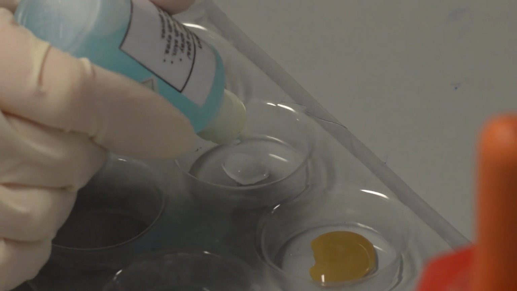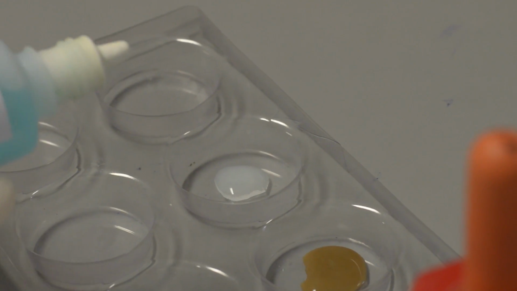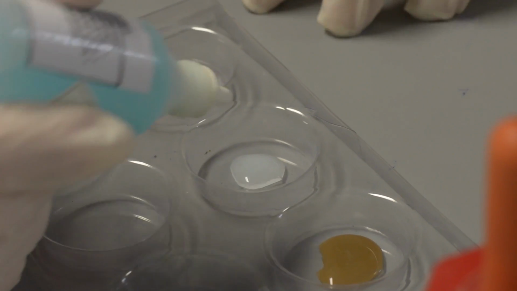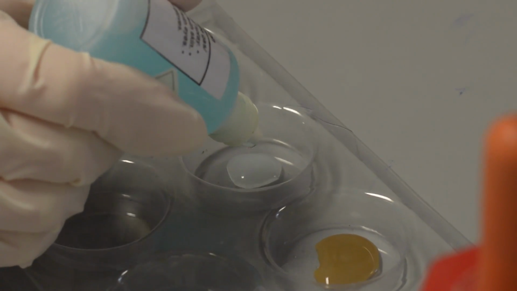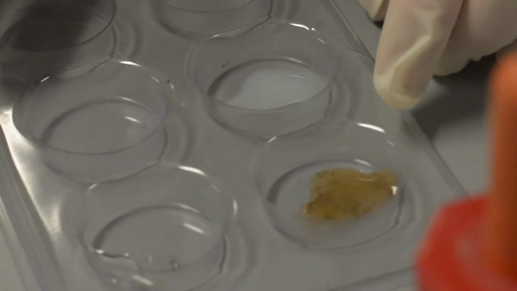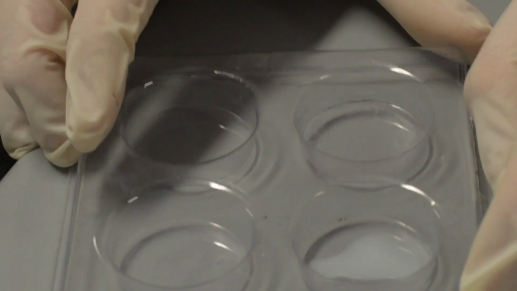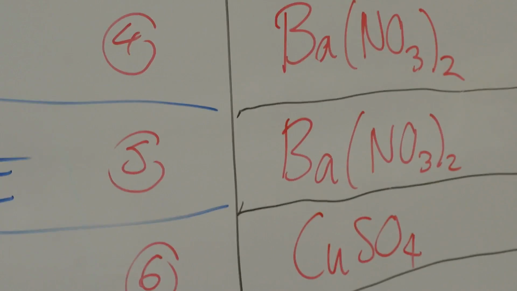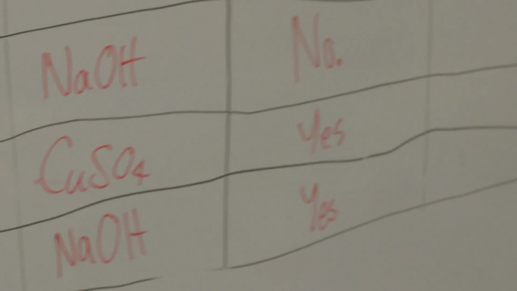What happened? Milky colour. It's going a milky colour. That was a big one. What's that called? Precipitate, exactly. Was our prediction correct? This one has particles in it. Yes. So round number 5, barium nitrate plus copper sulfate, would precipitate.